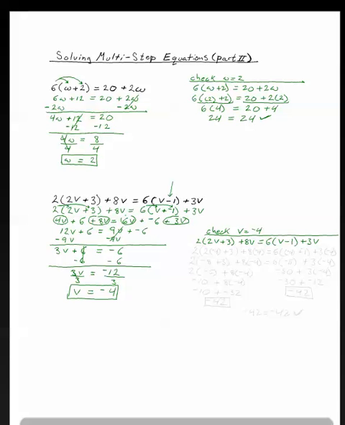Everywhere you have a v, you need to replace it with empty parentheses. So 2 times (2 times ( ) plus 3) plus 8 times ( ) equals 6 times (( ) minus 1) plus 3 times ( ). Now, everywhere that you added empty parentheses, you need to put your solution, negative 4.